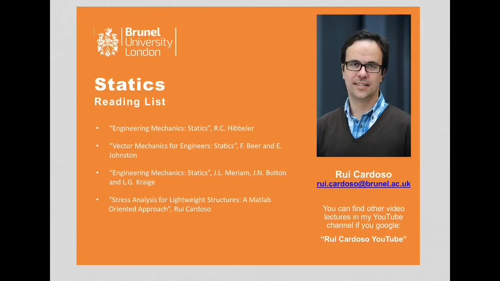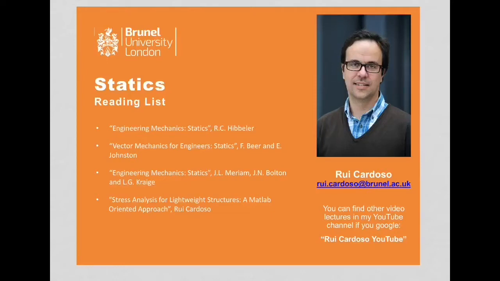I would like also to say that all the examples I will be doing in these lectures and tutorials, not all of them but many of them, were taken from these recommended books I have listed in this slide. So Engineering Mechanics Statics from Hibbeler, or Vector Mechanics for Engineers, Statics from Beer and Johnston, Engineering Mechanics Statics from Meriam, Bolton and Craig, and also my own book, Stress Analysis for Lightweight Structures, a MATLAB-oriented approach.